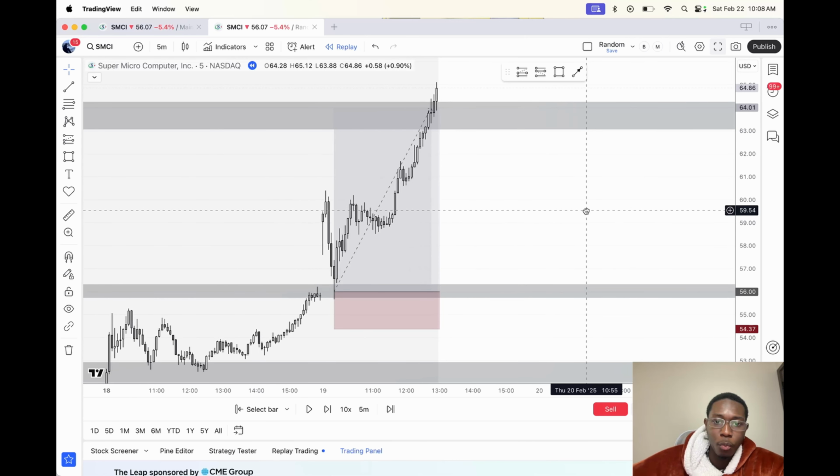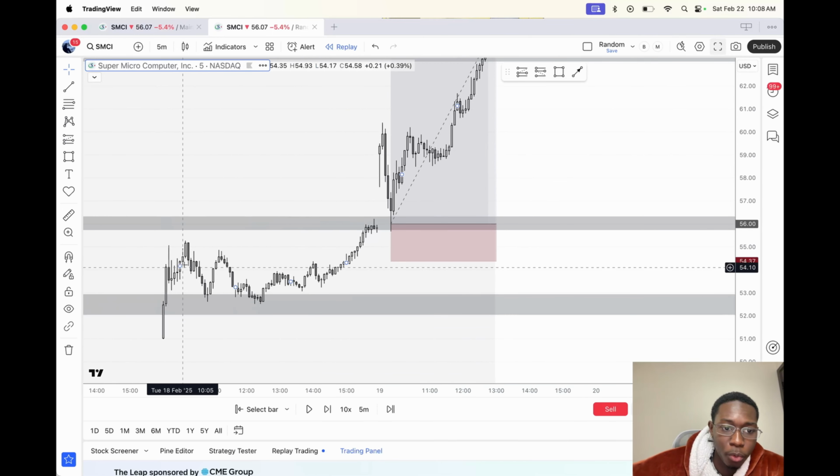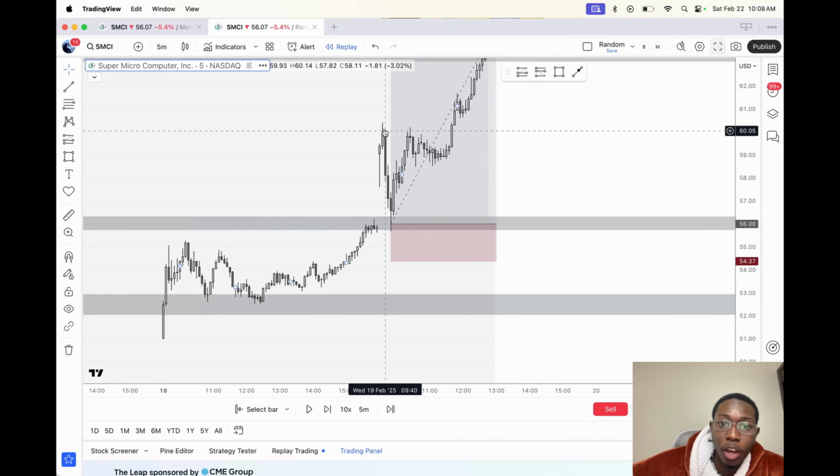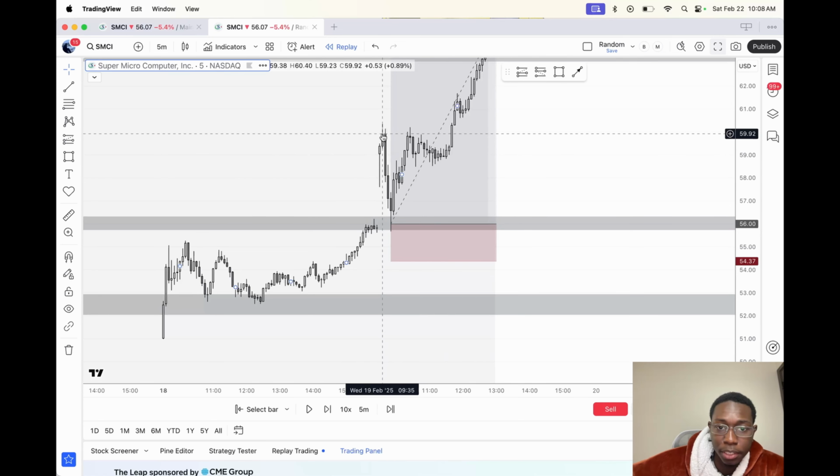It's because we had a couple things happen. One, we had our key levels on our screen, so we decided where our key levels are. Two, price, previously, the day before, was between these key levels, and then it opened above aggressively, right? It opened above aggressively above this 56 key level.